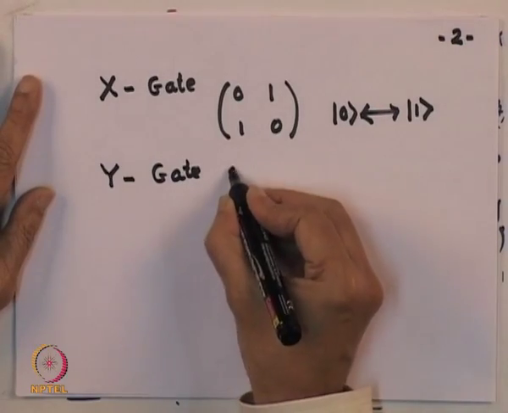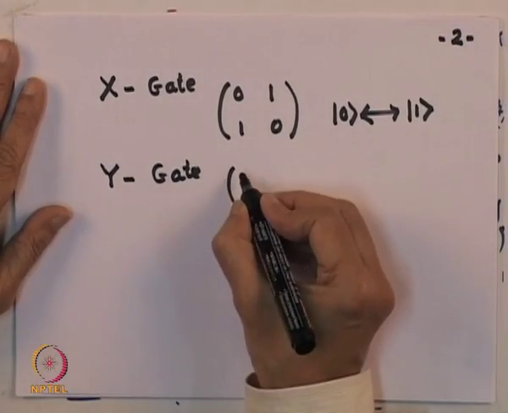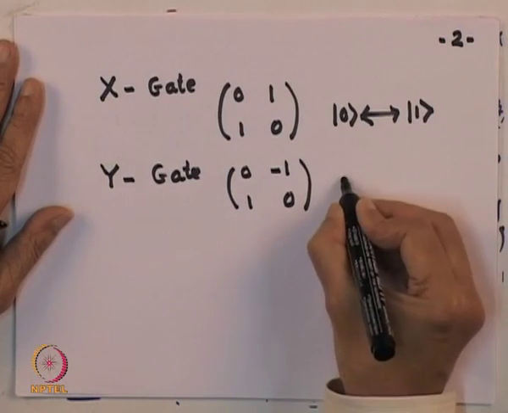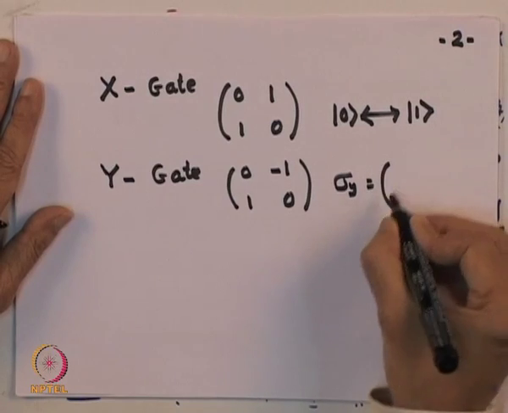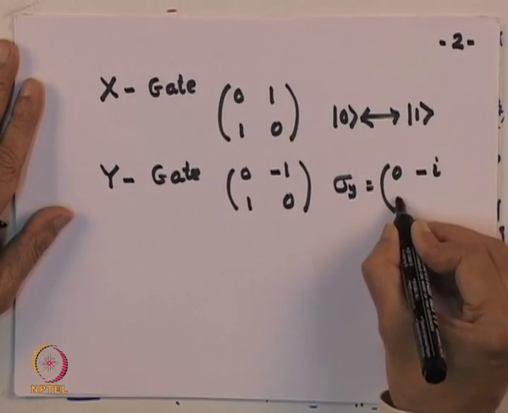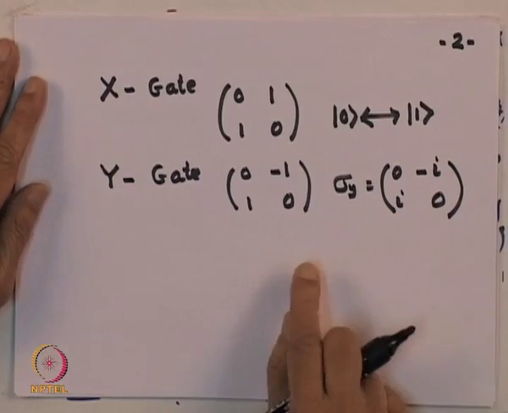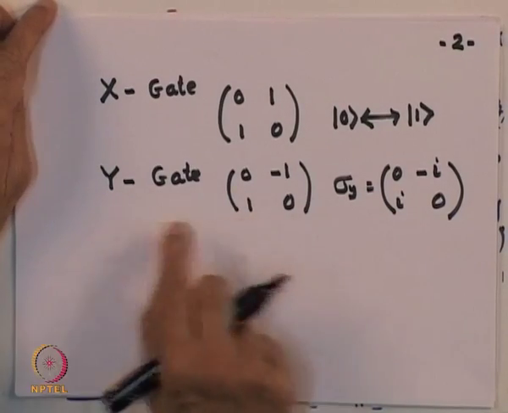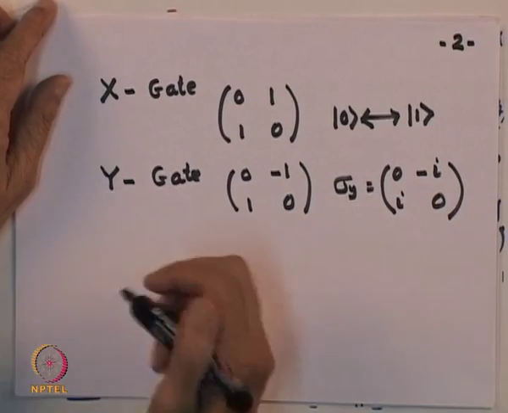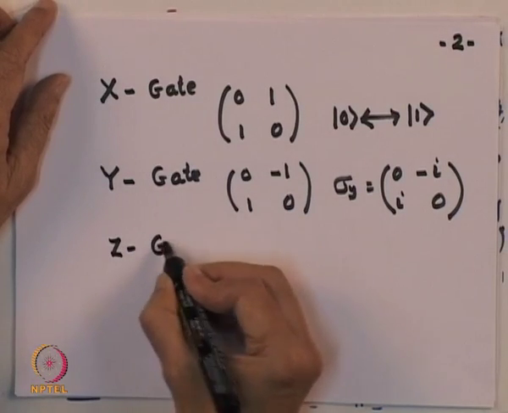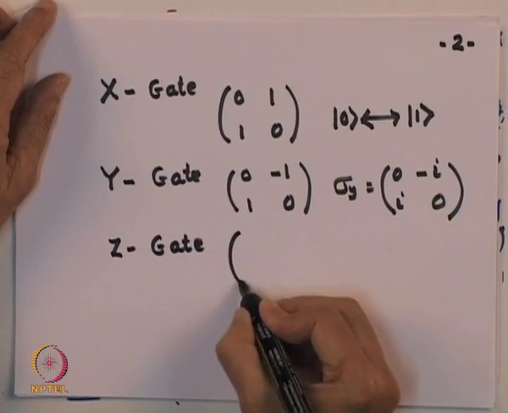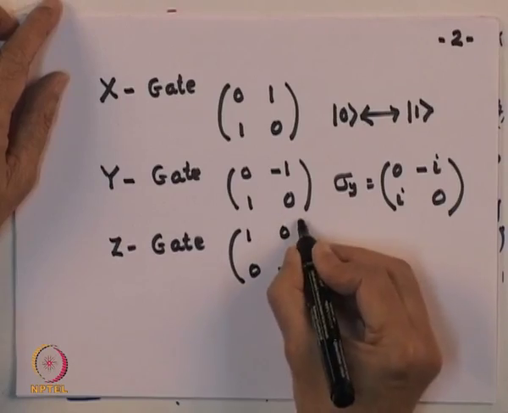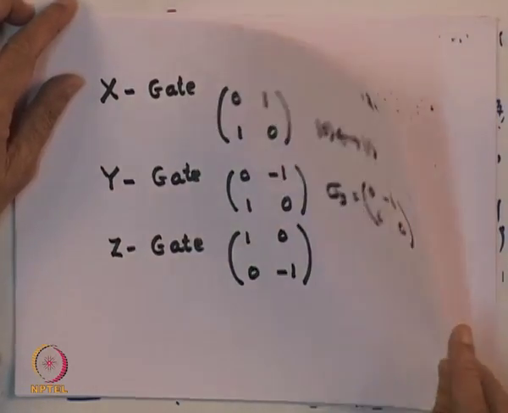So the Y gate is generally written as 0 minus 1 1 0, though my sigma Y is 0 minus i, i 0, but it is a matter of simply putting in another constant i in front of that, so it should not really cause any confusion. And of course we have the Z gate which is given by the Pauli Z matrix, which is 1 0 0 minus 1. So these are the more important 1 qubit gates.